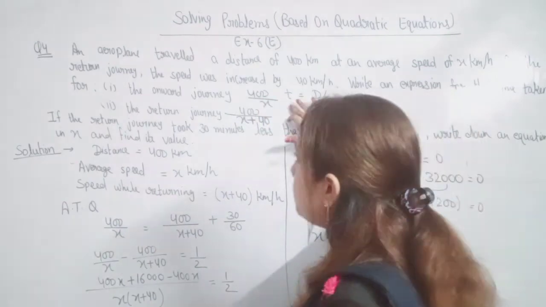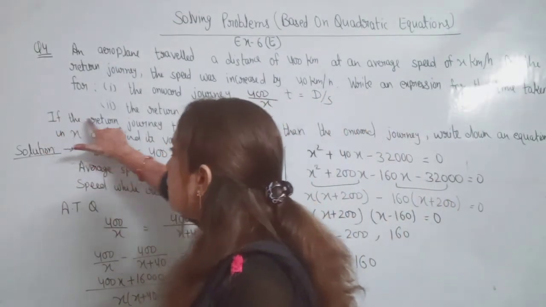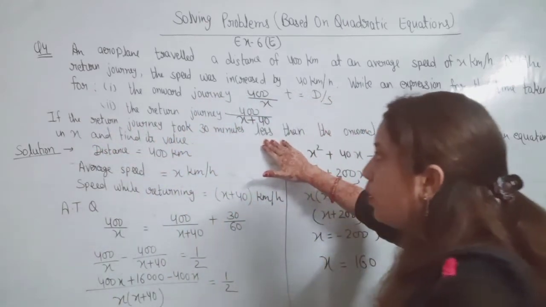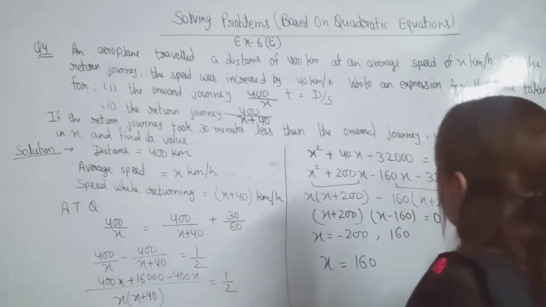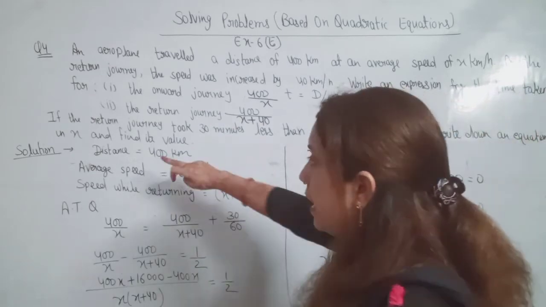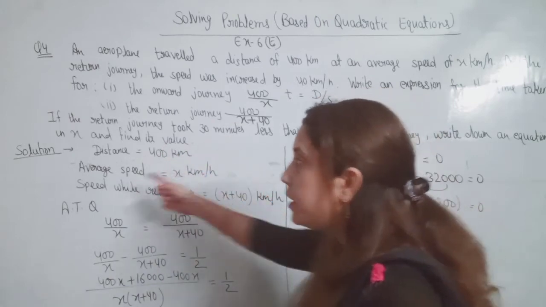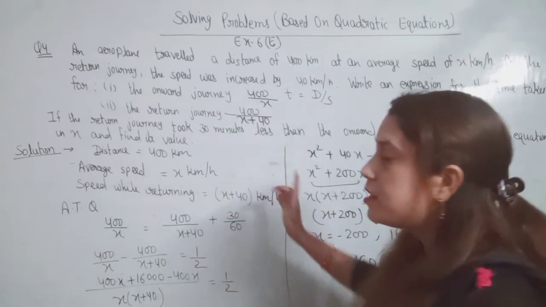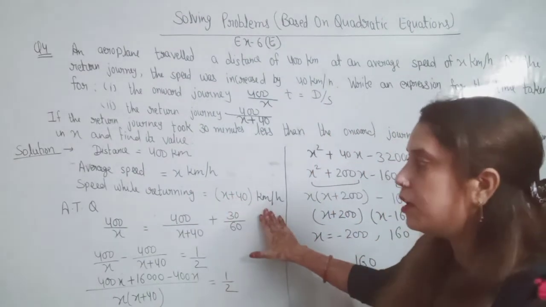Okay, these two parts are done. Now the question says, if the return journey took 30 minutes less than the onward journey, write down an equation in x and find its value. Distance is given 400 km. Average speed is given x km. Speed while returning will be x plus 40 km.